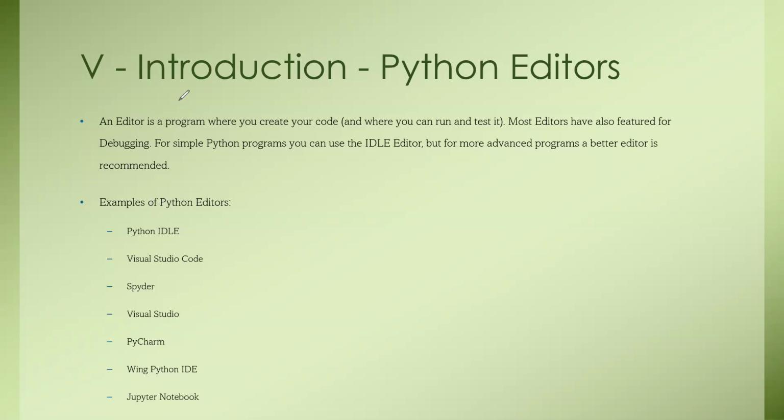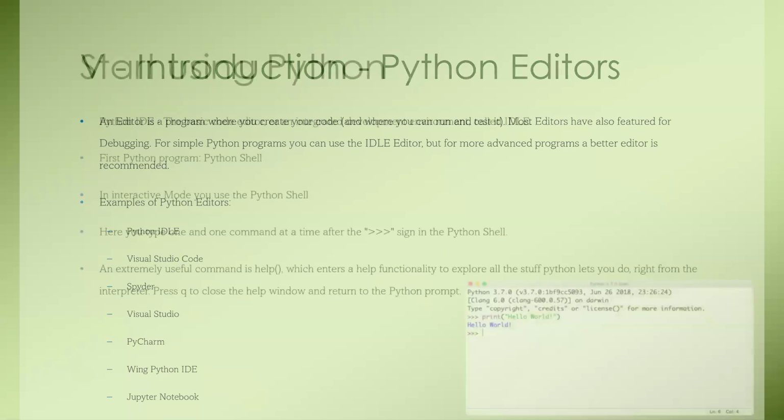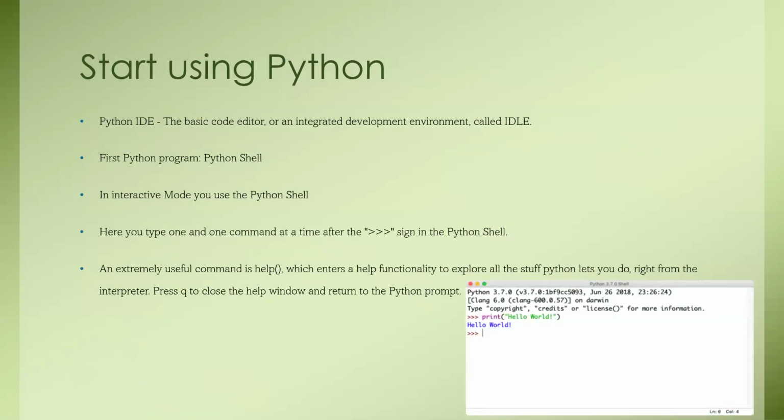Easy? Now, once you have your IDE and Python installed, how to start working on Python? That is the next step. So first thing, you have to open your IDE, whether you're using your Python IDLE or Visual Studio Code, whatever it is. If you use IDLE, this is how the user interface looks.